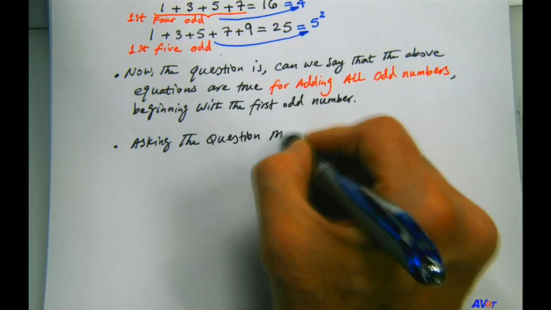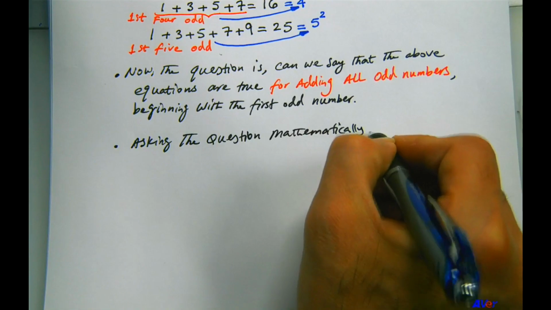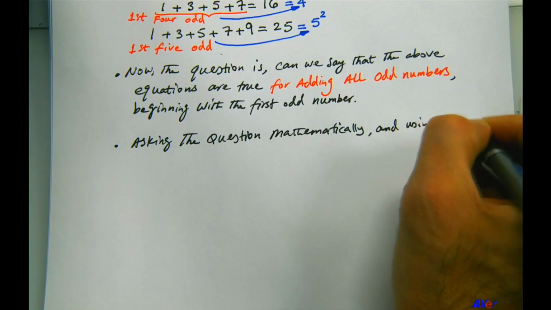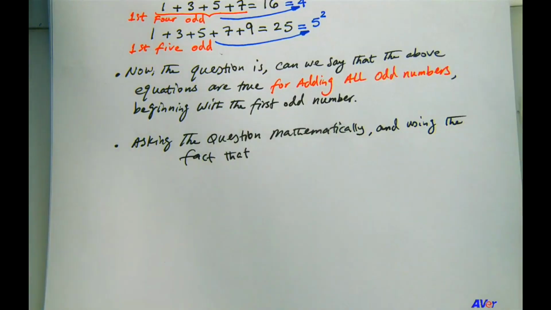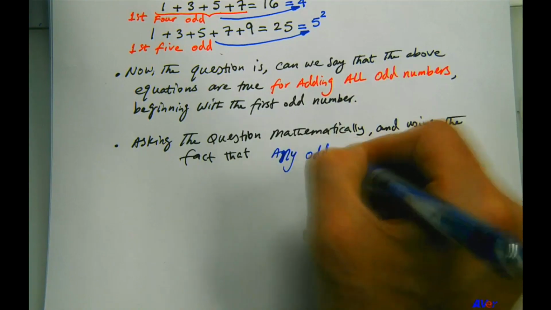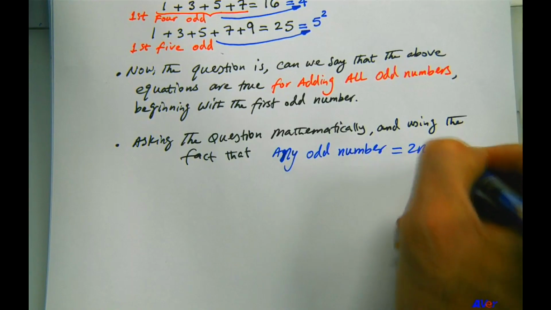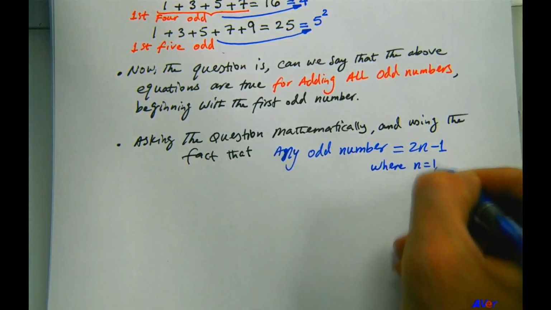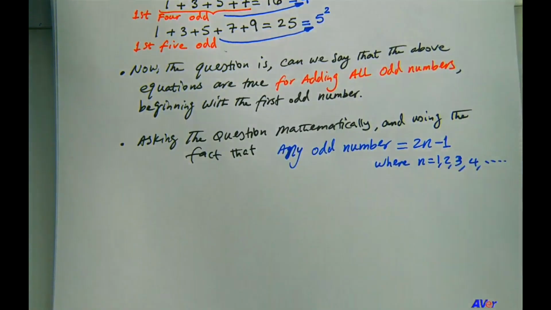Using the fact that any odd number is equal to 2n minus 1, where n equals 1, 2, 3, 4, all the way to infinity.